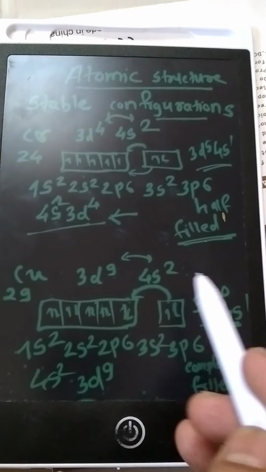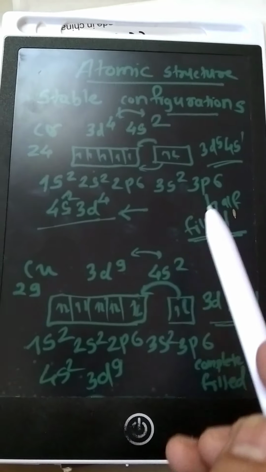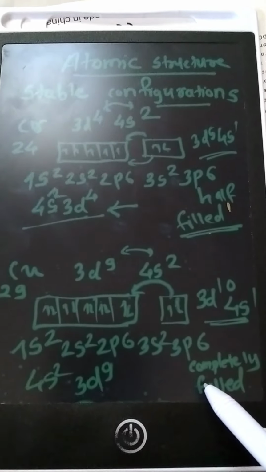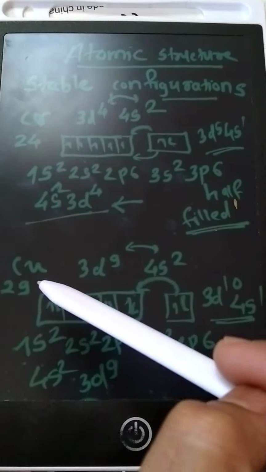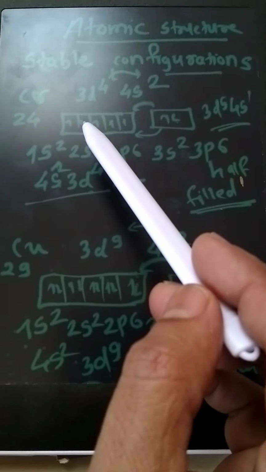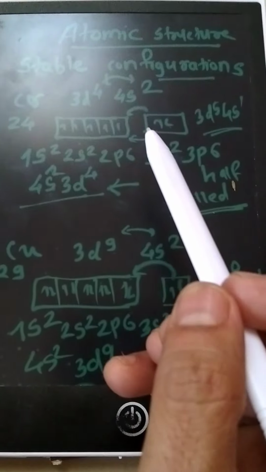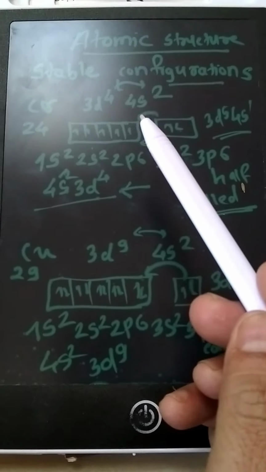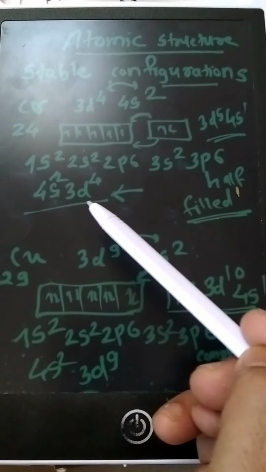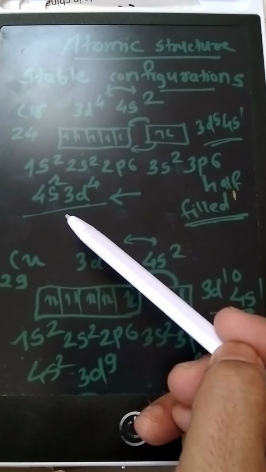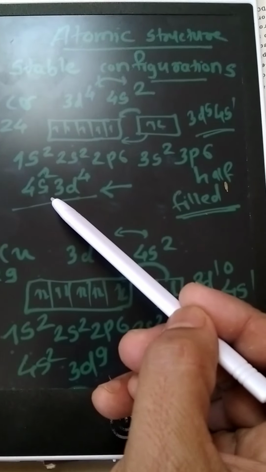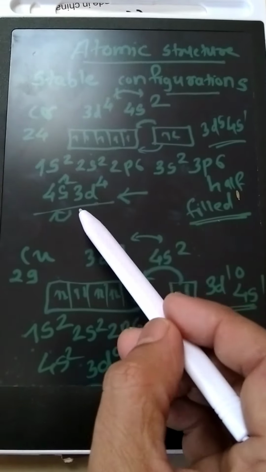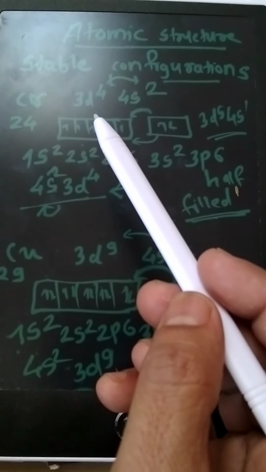So in this way, chromium attains a half-filled configuration by transferring an electron, and copper attains a stable, completely filled configuration by transferring an electron. In the same way, elements in the periodic table, especially 3d metals, the lanthanides as well as p block metals and metalloids, acquire stable configurations by transfer of electrons of equal energy, following the concepts of de Broglie, Heisenberg, Max Planck and the electron sequence scientists Hund and Pauli.